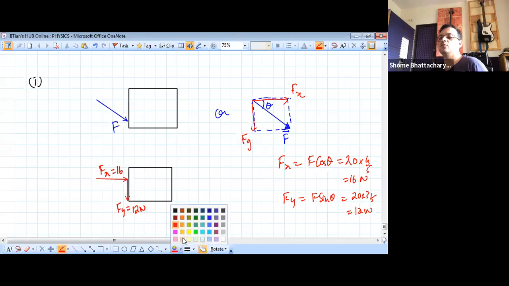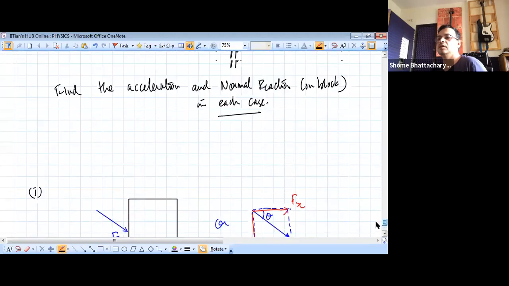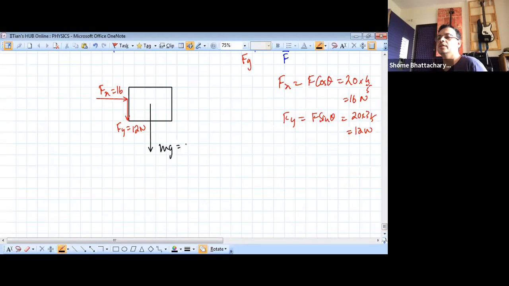And apart from that, of course, there is the earth which is pulling the body down with a gravitational force of 10 kg, so 100 Newton, okay.